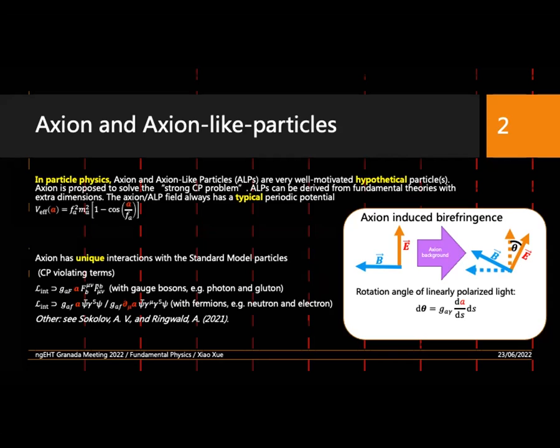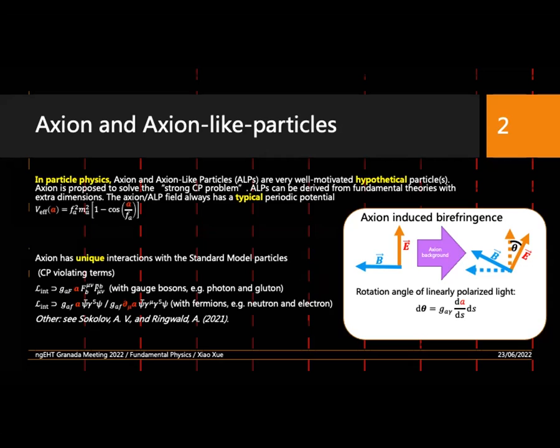Here, the interactions with bosons include interaction with photons and gluons. Gluons, sorry, it's a mistake. And here the interactions with fermions include interaction with neutrons and electrons, and also other fermions in the standard model.